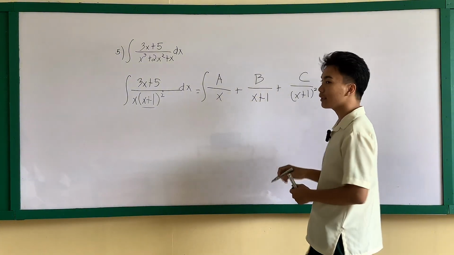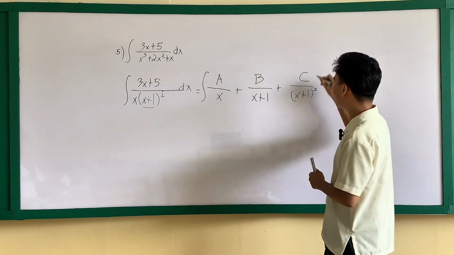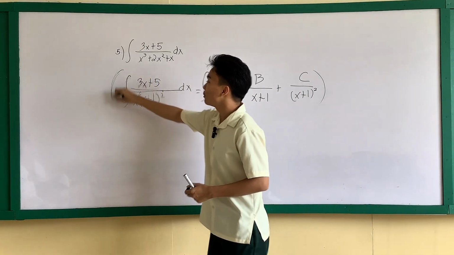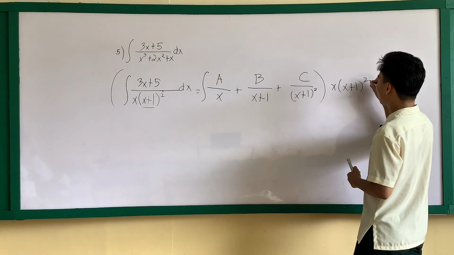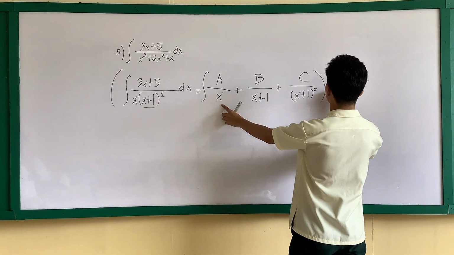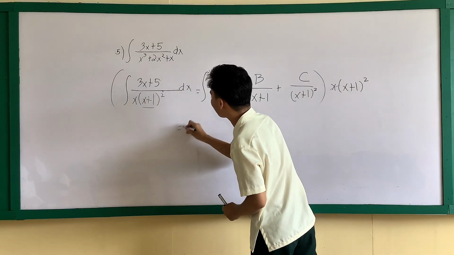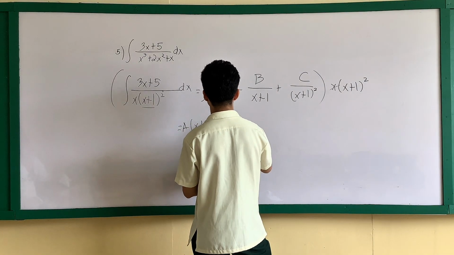So now we have to find the value of each of these, but before that we have to multiply both sides by x times x plus 1 squared. Now, multiply it by a, cancel yung x. Ang natira na lang is yung x plus 1 squared.